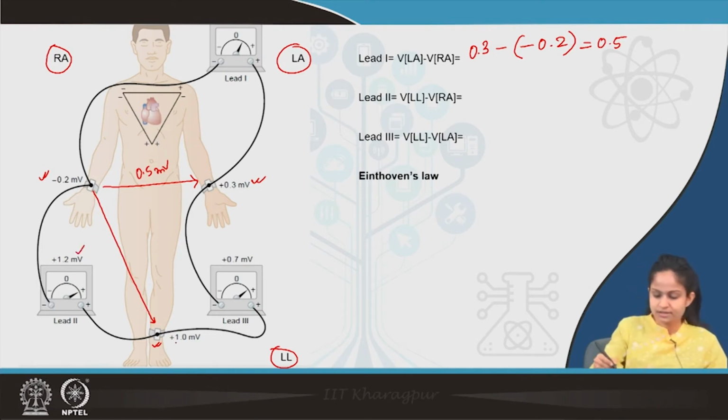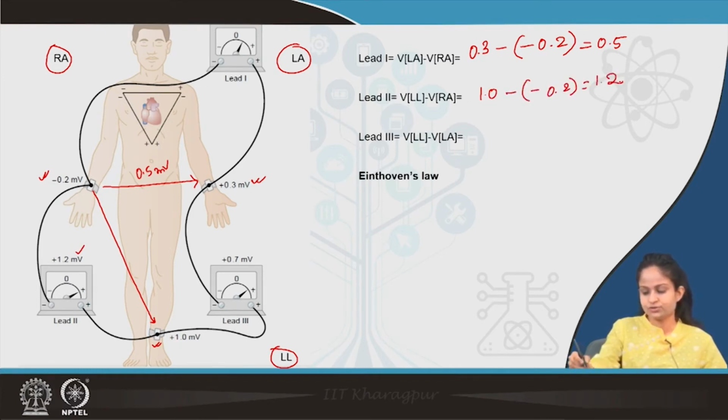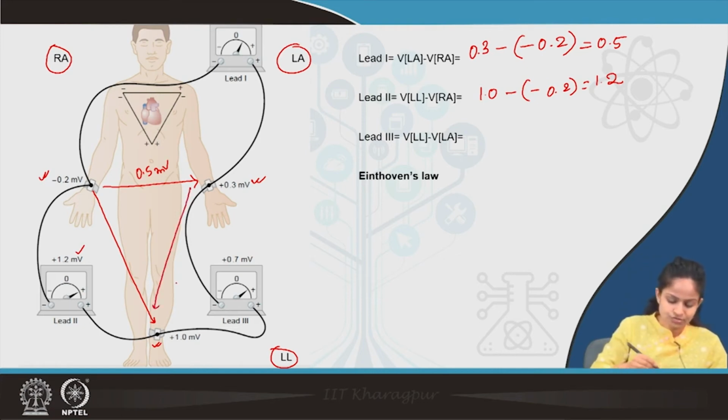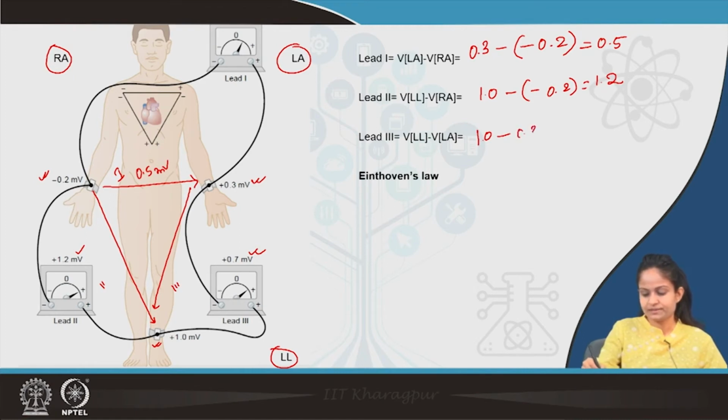How? Because 1 millivolt minus minus 0.2 gives 1.2 millivolt. Similarly, this is lead 1, this is lead 2 and this is lead 3, and lead 3 will give a potential difference of 0.7 millivolt. How? It is 1 millivolt minus 0.3, that is 0.7 millivolt.